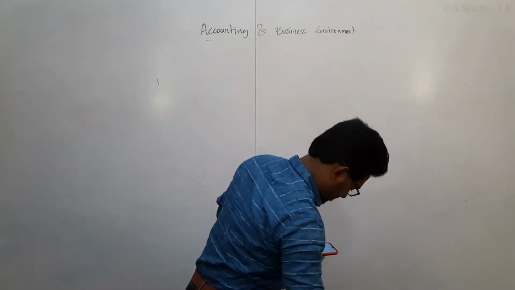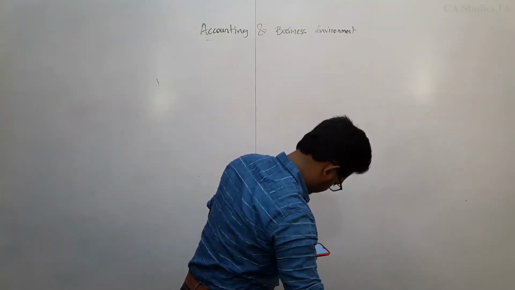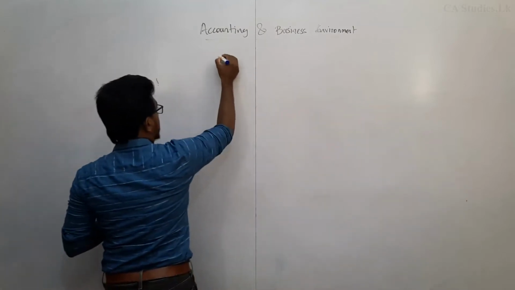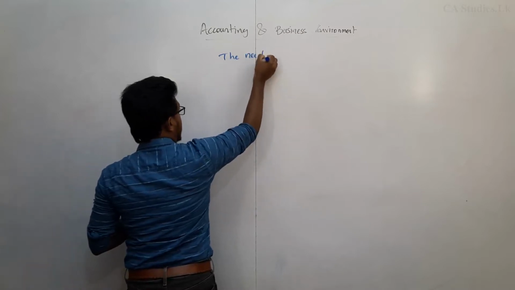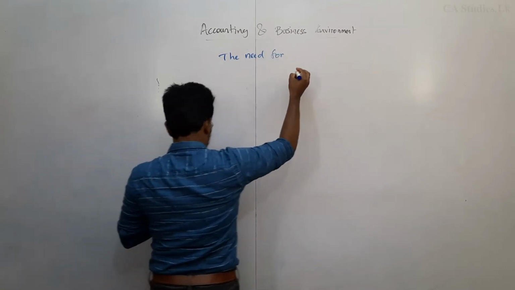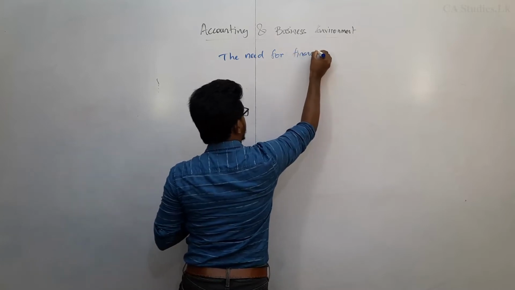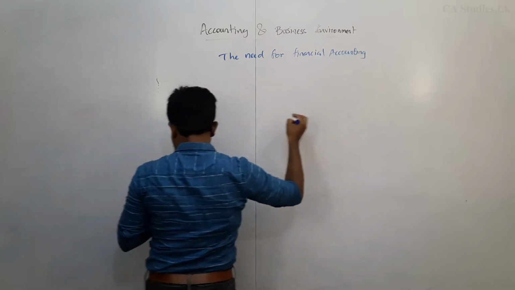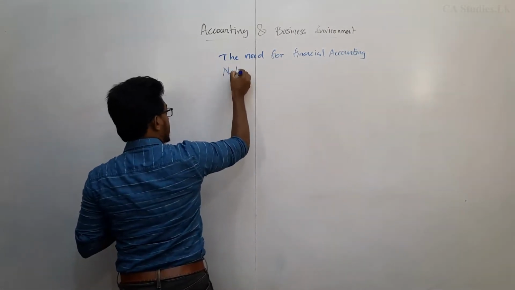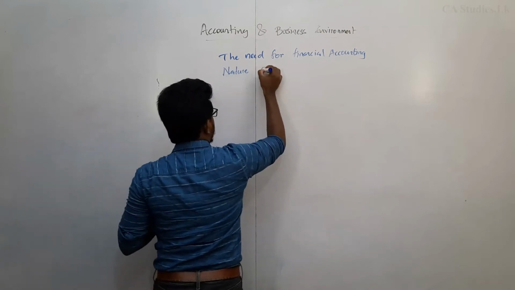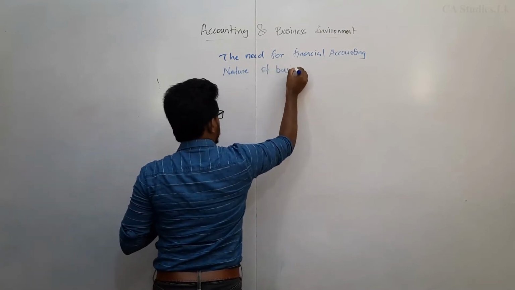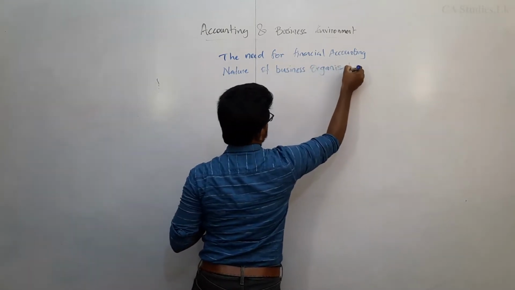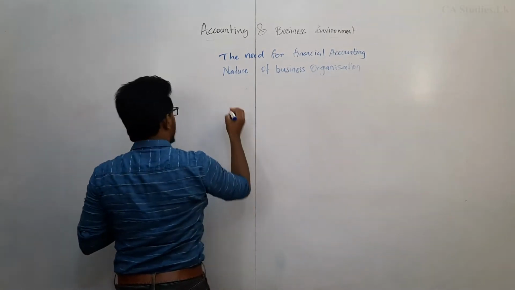First content is the need for financial accounting. Second content is nature of business organization. Third one, governance.